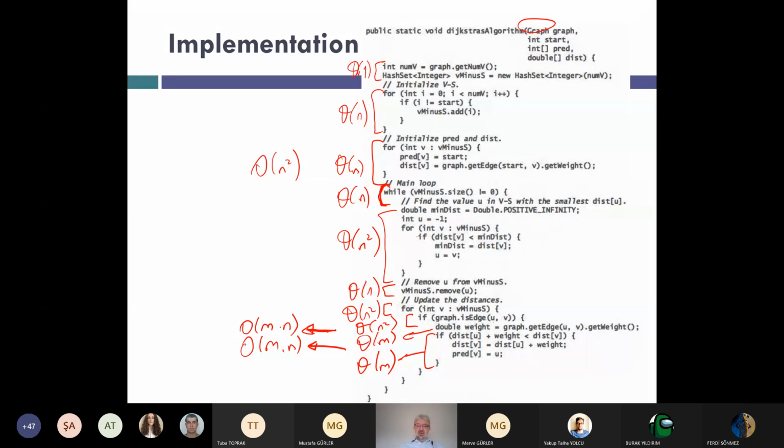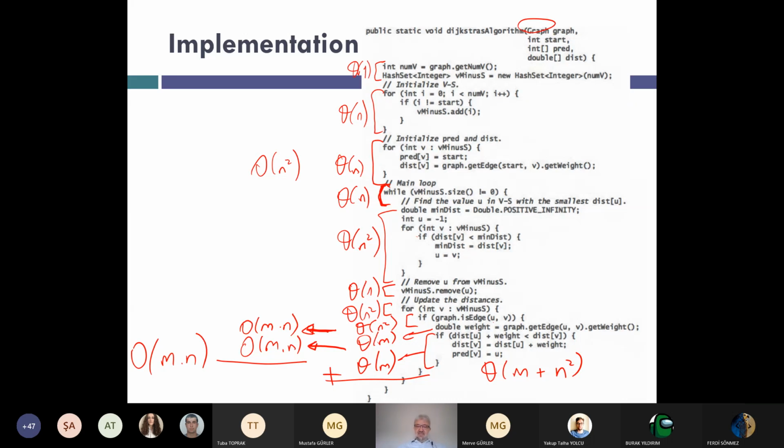So the overall running time for adjacency matrix will be theta m plus n squared. For adjacency list, the overall running time is big O of m times n. I didn't put this n squared since it is less than m times n if the graph is connected, right?